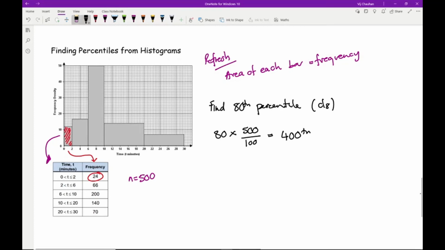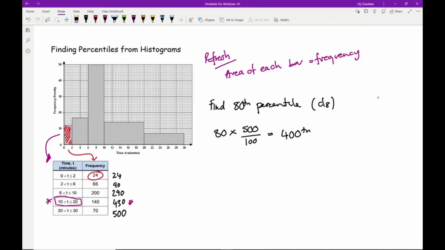From this, what would be useful is a cumulative frequency diagram, but typically I know that here I've got 24, then 90, then 290, then 290 plus 140 gives me 430, and then I've got 500.